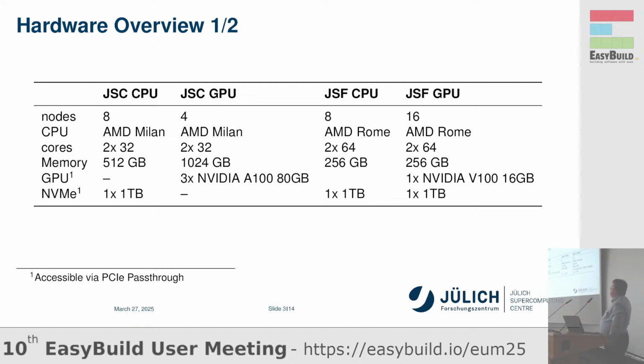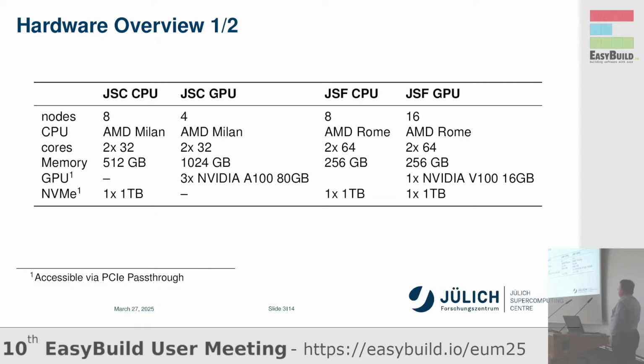But you see the CPU nodes also have NVMe, and the NVMe and the GPUs can be used via PCIe pass-through. So you can spawn a VM and then get a GPU, if you want to use some GPU, or if you have some IO heavy workloads, you can use the NVMe.